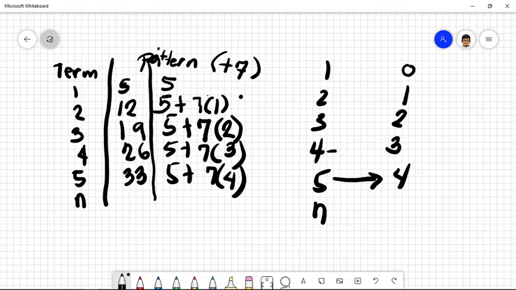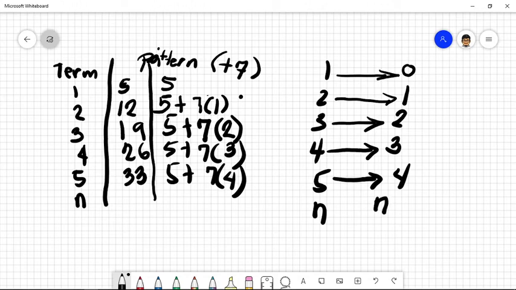Anong gagawin mo sa 4 para maging 3? Anong gagawin mo sa 3 para maging 2? Anong gagawin mo sa 2 para maging 1? At anong gagawin mo sa 1 para maging 0? Kung n ito, kung number of terms yan. So, kung ang number of terms ay n, anong gagawin mo sa n para makuha mo yung susunod na bilang na 7 na gagamitin mo? Anong gagawin mo?